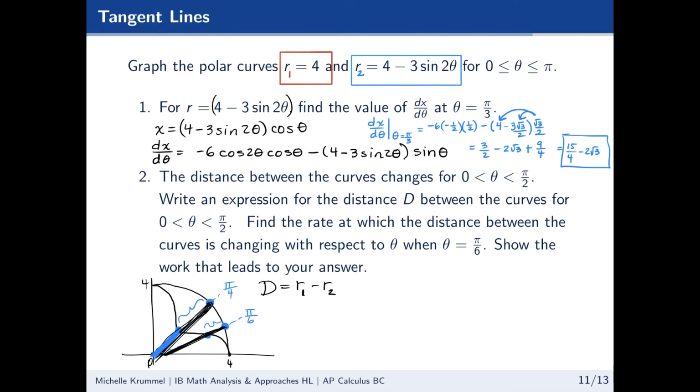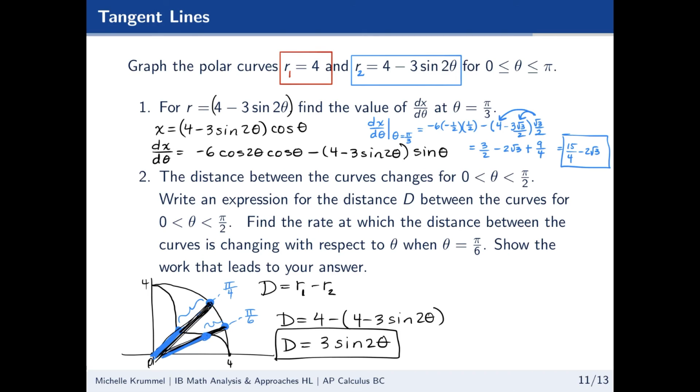R1 is the outer curve, and then we want to subtract the R value going to the inner curve. And that difference is going to give us the distance between the 2 points. So our distance equation is just R1 minus R2. 4 minus 3 sine 2 theta, and that simplifies. This becomes 4 minus 4 is 0, and then minus minus 3 sine 2 theta. So that's the equation for D.